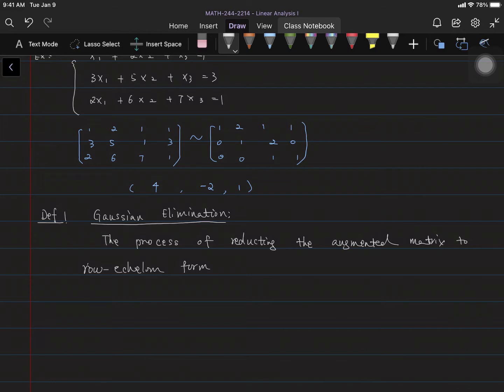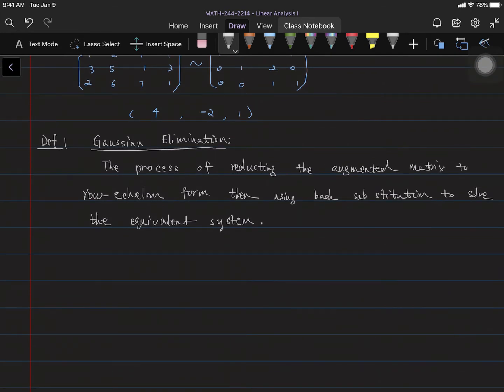After we get that, we use back substitution to solve the equivalent system.